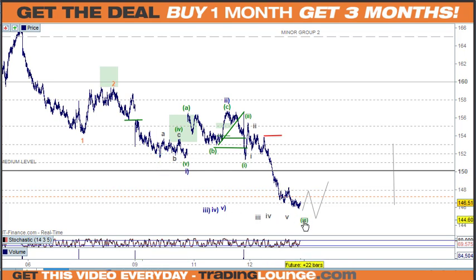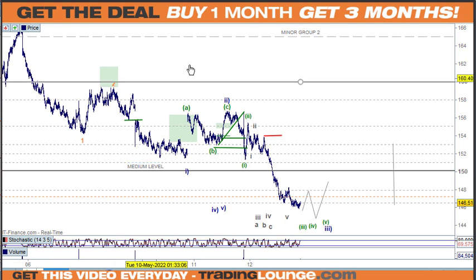So these will be over here, 3 and 4 and 5 for this third wave here. And they might come in handy, so I'll just move those across. We're at the medium level, so I'll just plonk that there. Minor group 2, I could use that, that's down here. This is minor group 2 here.